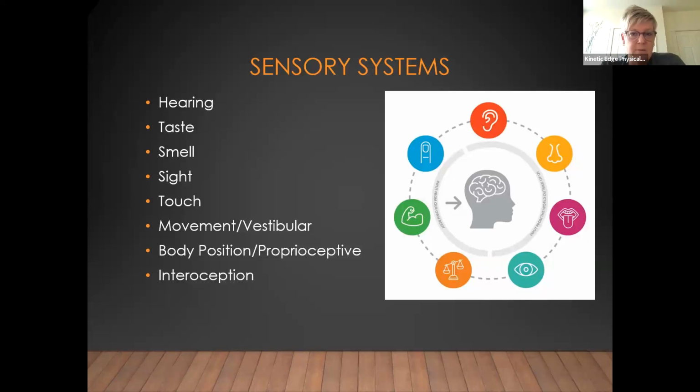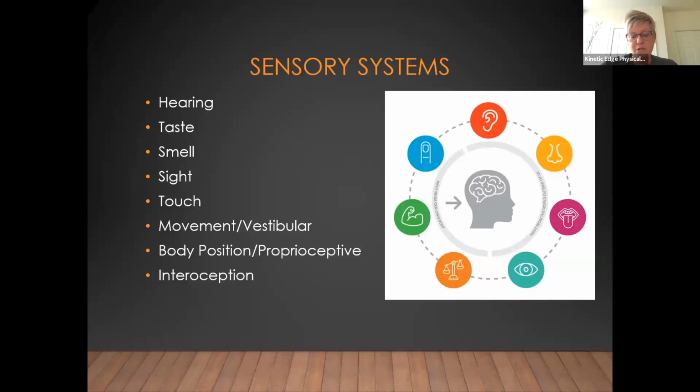In fact, there have been some research studies showing that when a child is moving, the language center of their brain is firing better. So telling a child to sit still and pay attention or sit still and listen probably isn't even as effective, or a child might not even be able to do that if they are really trying to listen, but they also need that movement.